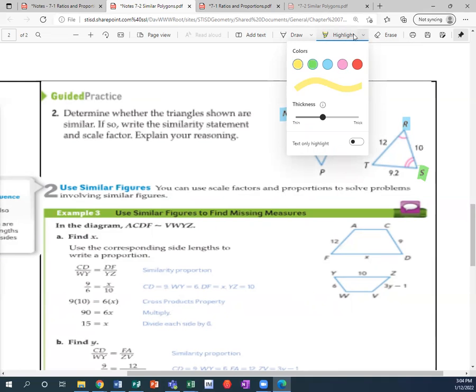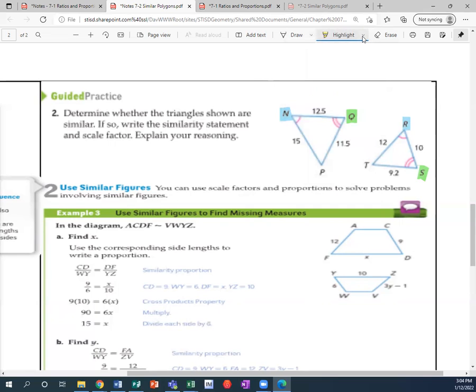Now, we had way back in chapter 4, I think it was, something called the third angles theorem that said whenever I had 2 angles in a triangle congruent to each other, that automatically meant that that third angle that I didn't know anything about was going to be congruent too.